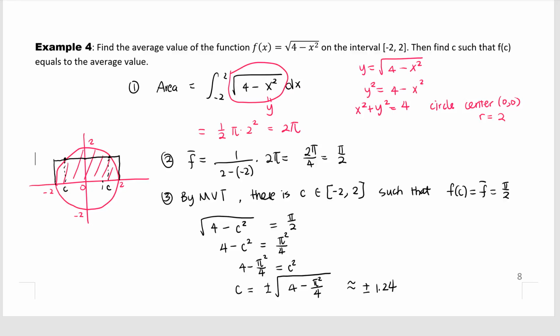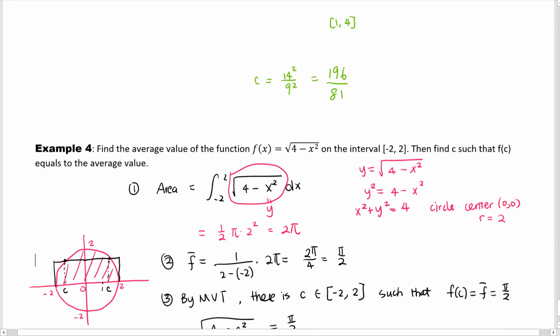So the integral from a to b of f of x dx equals the area of the rectangle, b minus a times the average value. Then we can use the mean value theorem because f is continuous, so there must be a c such that the function value equals the average value, and then we can solve for c.